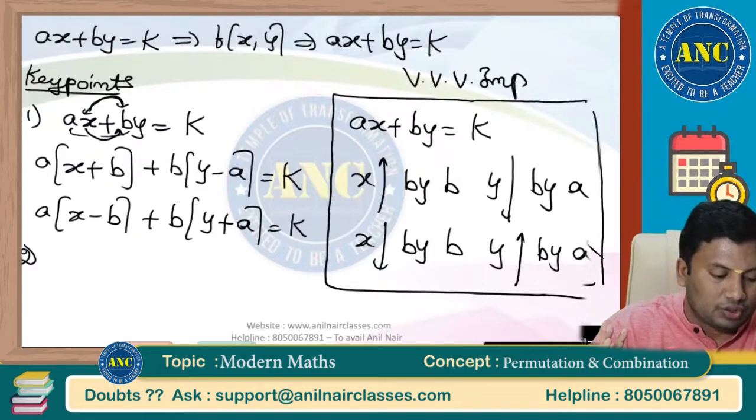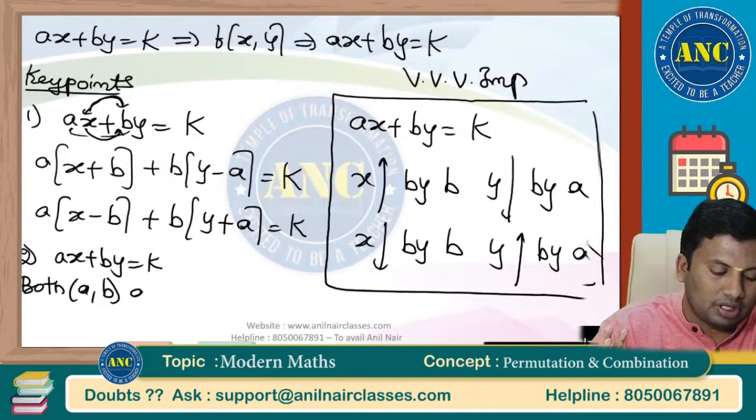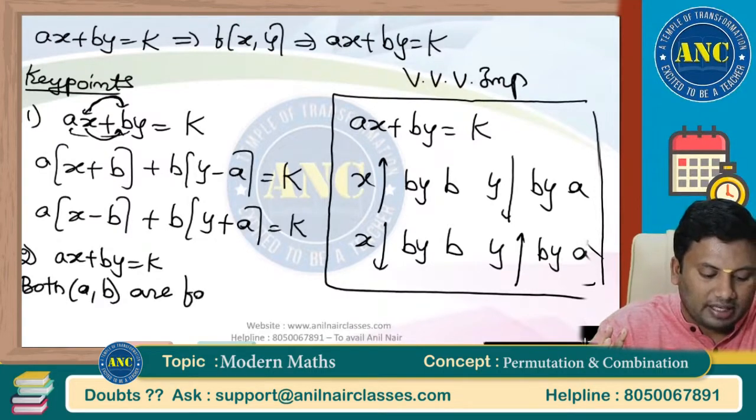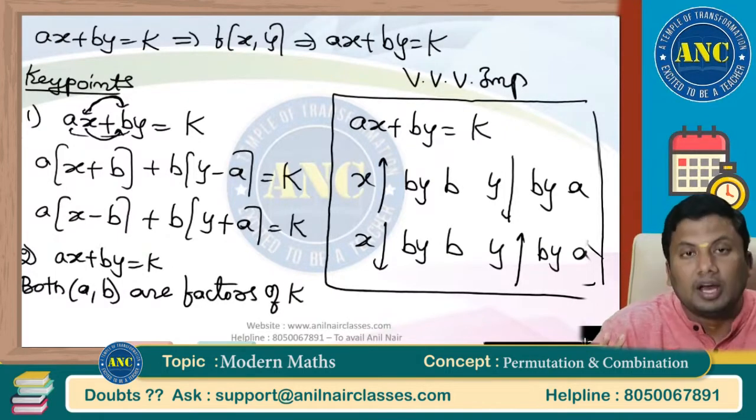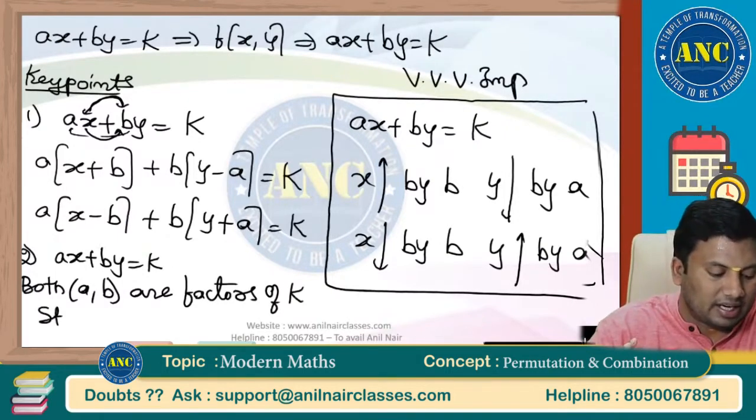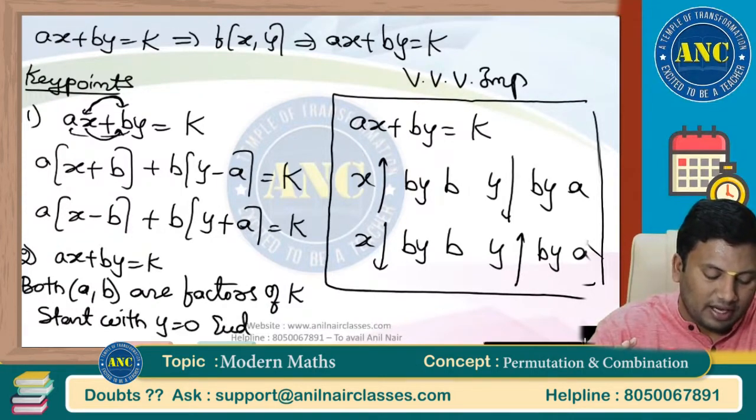Key point 2: we are discussing the case ax plus by equivalent to k. If both a, b are factors of the right hand side, start with y value 0, you will end with x value 0.